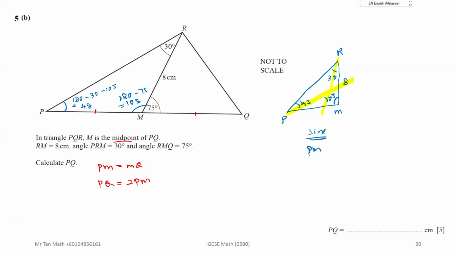Put PM over sine 30 equal to 8 over sine 45. So PM is equal to 8 over sine 45 times sine 30. That equals 5.66.